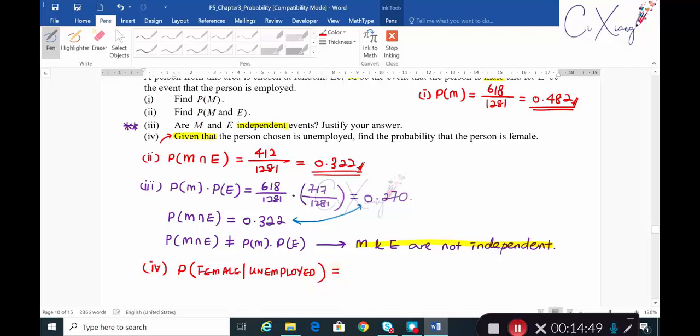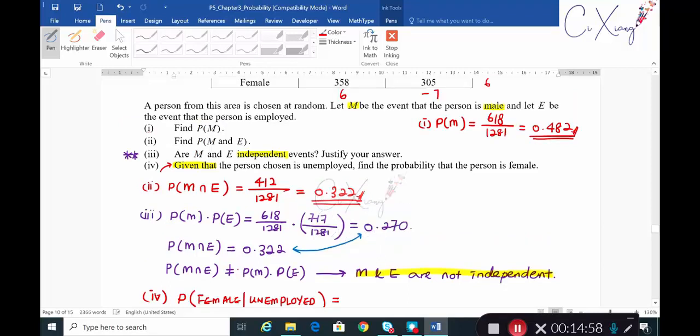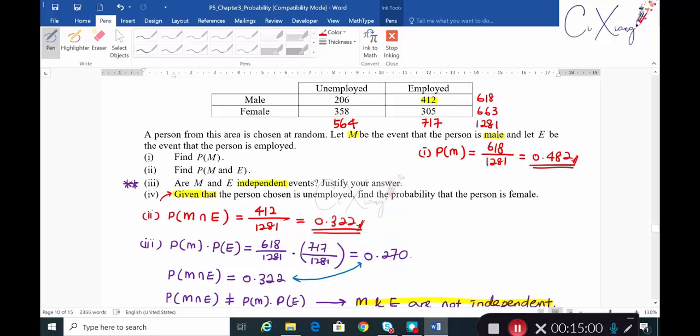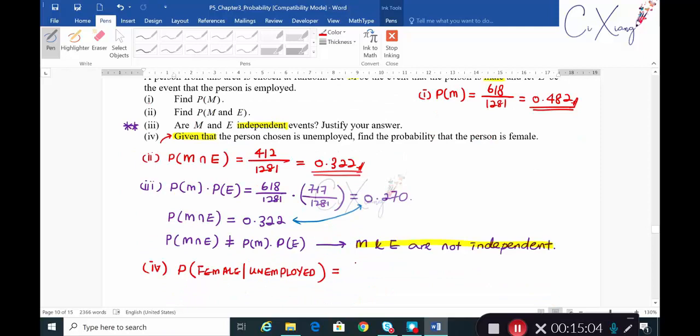Alright, so for conditional probability, from a two-way table, please look for the intersection of female and unemployed. So the intersection between female and unemployed is 358. Divided not by the grand total, but you are looking for the total of unemployed persons, right?